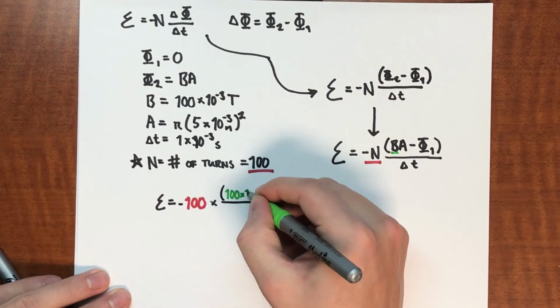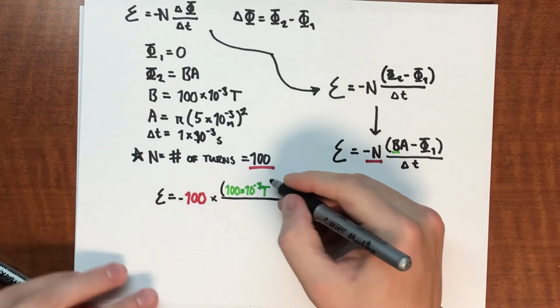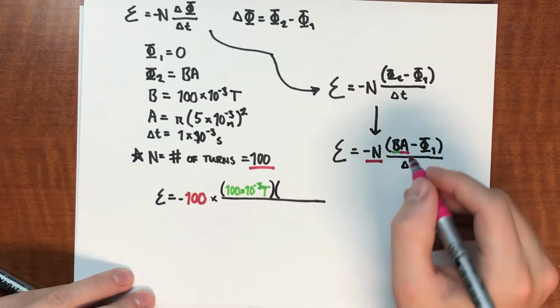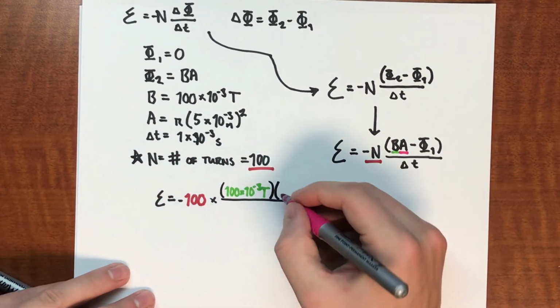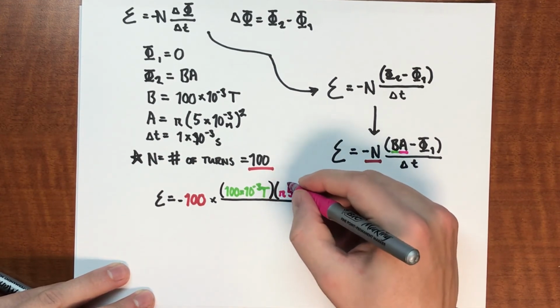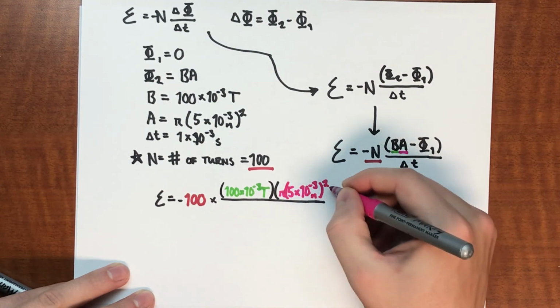So it's going to be 100 times 10 to the negative third Teslas. Then we're going to multiply that by our area. And our area is going to be pi times 5 times 10 to the negative third meters, and then all of that squared.